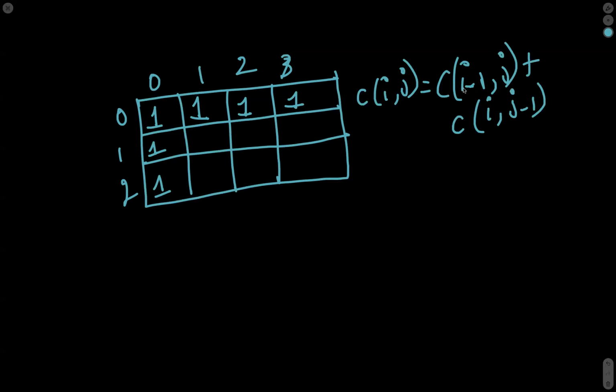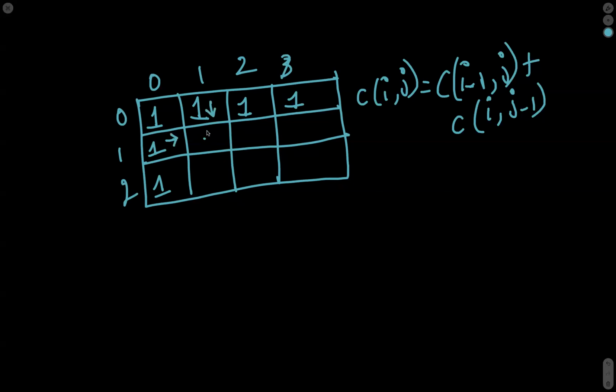Based on this, C of i minus 1,j, if I'm at this cell, will definitely be 1, and C of i,j minus 1 would be this cell. I'm just summing these two things.